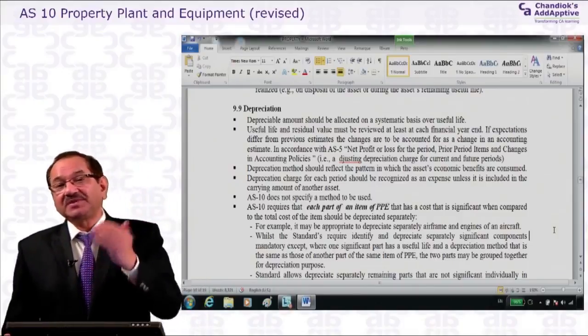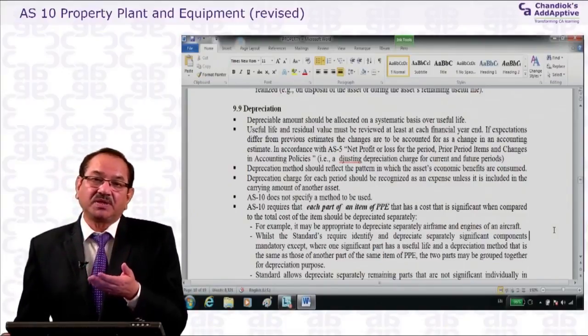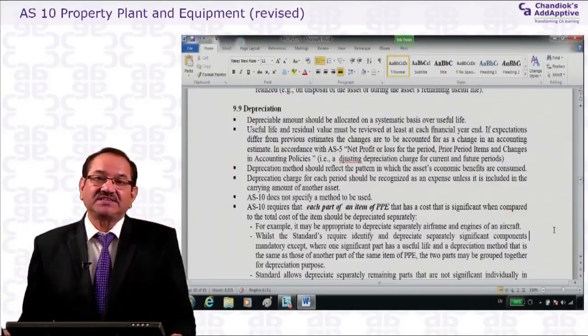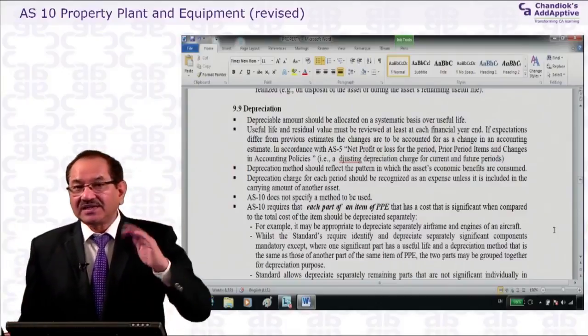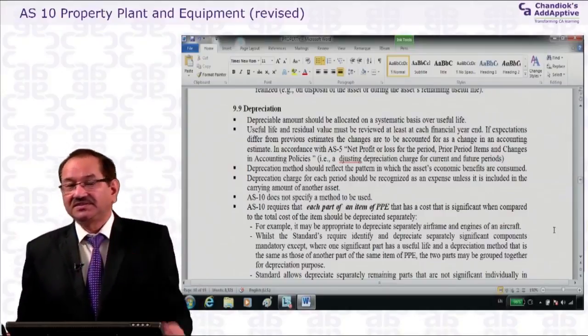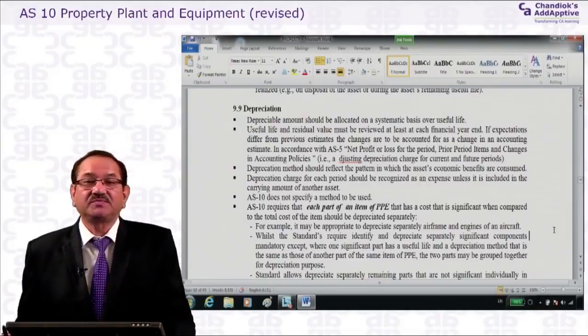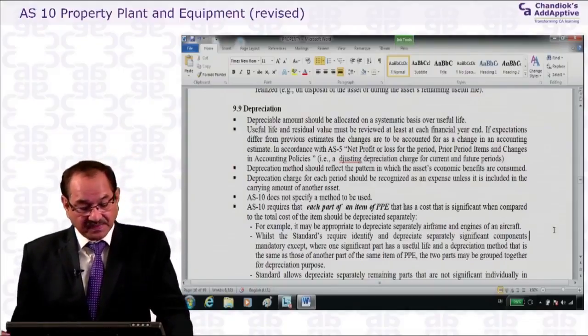Sometimes the depreciation may be capitalized. If you are constructing some assets and they are under construction, then the depreciation may be capitalized. Otherwise, depreciation has to be written off in the profit and loss statement.